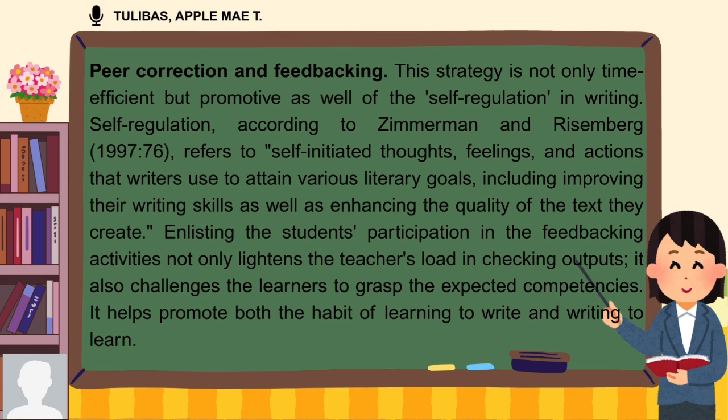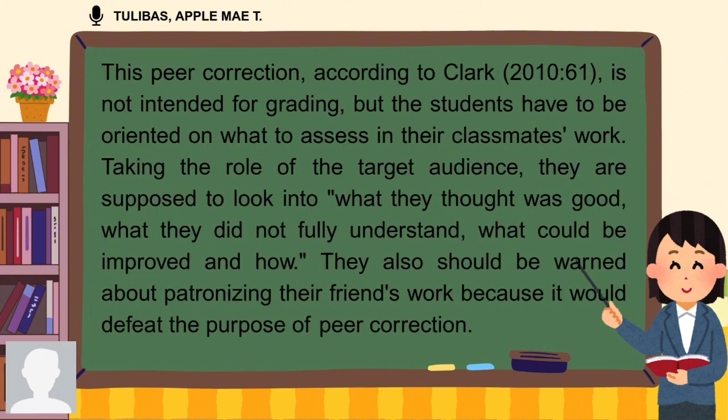In short, peer correction and feedbacking doesn't just lessen the teacher's work, it helps us, the learners, develop our writing skills more deeply. We learn to write better, and at the same time, we learn how to learn through writing.